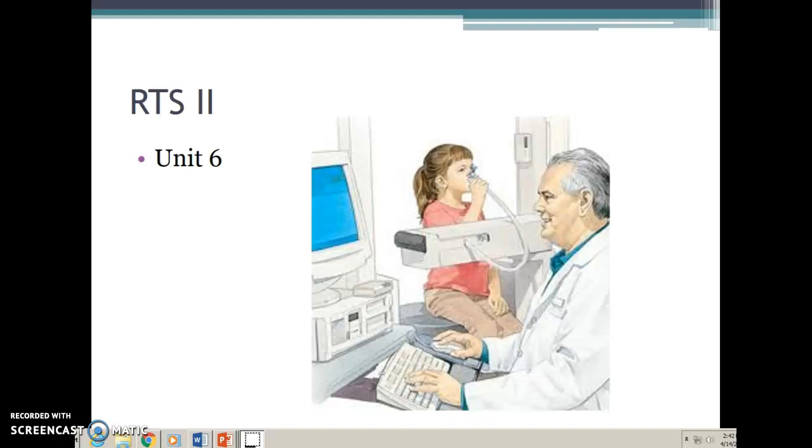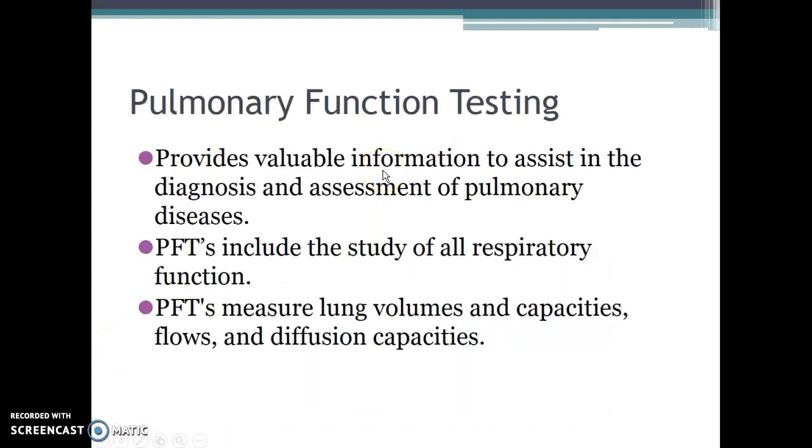All right, so we'll go ahead and get started on Unit 6. So Unit 6, like I said, is going to talk about pulmonary function testing. Pulmonary function testing is abbreviated PFT. And pulmonary function tests are used for quite a few different reasons, but they provide valuable information to assist in the diagnosis and assessment of the different pulmonary diseases.